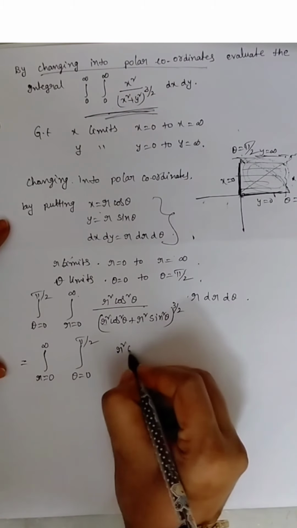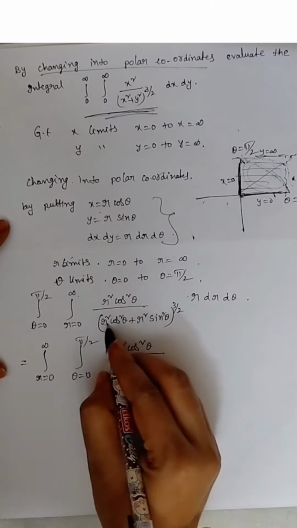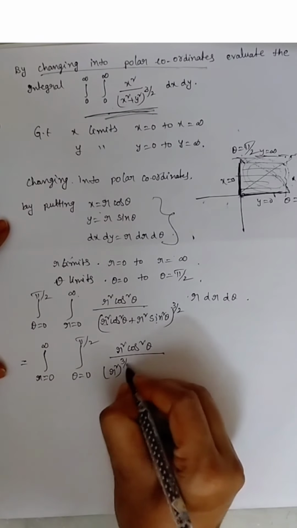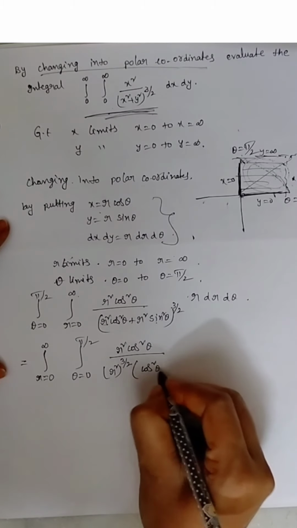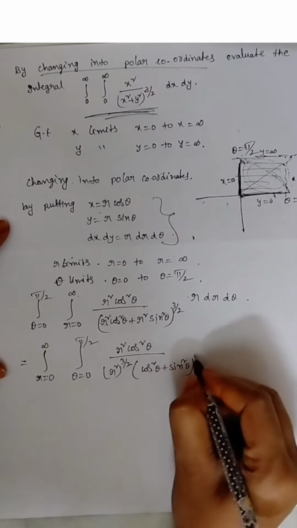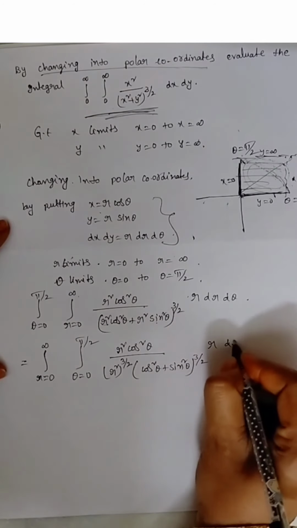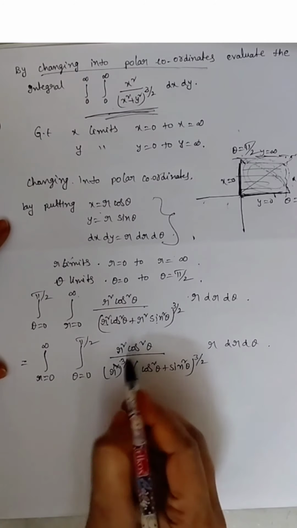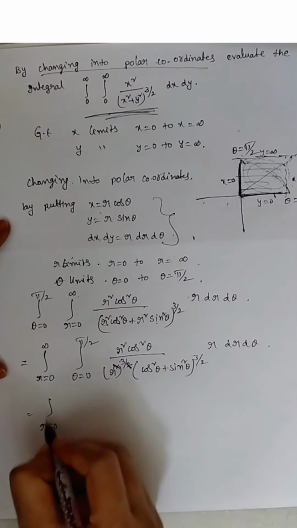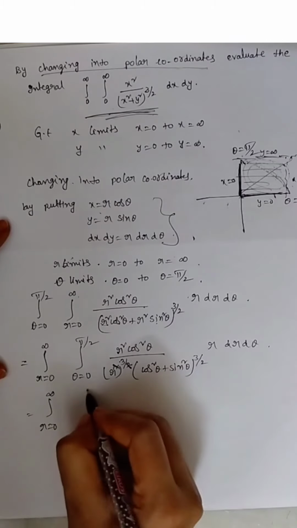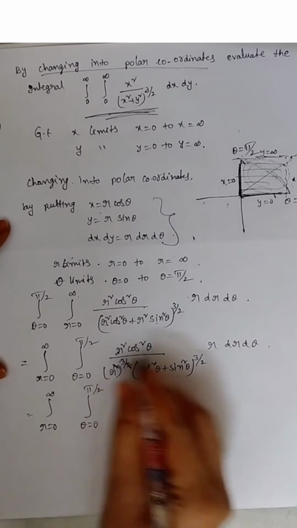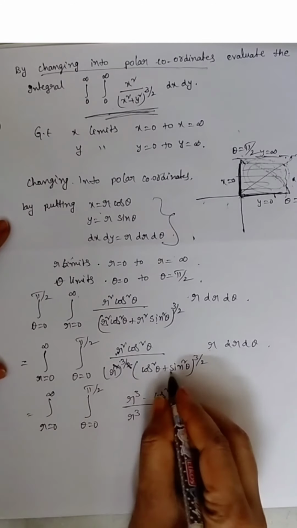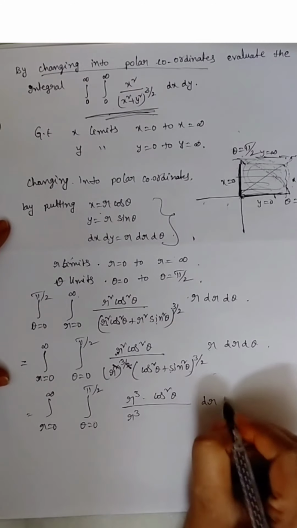So r square cos square theta by r square, take common, cos square theta. If you take r square common, r square whole power 3 by 2 into (cos square theta plus sin square theta) whole power 3 by 2 into r dr d theta. So the 2 get cancelled, r cube. So integral r equals 0 to infinity, integral theta equals 0 to pi by 2, r square into r cube cos square theta by r cube into 1 whole power 3 by 2, which means 1, dr d theta.